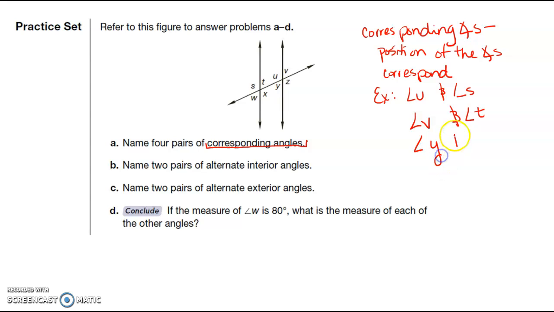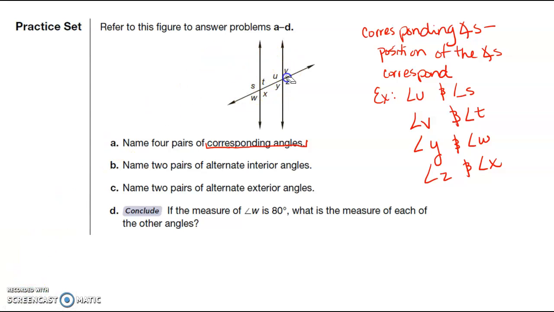Angle Y and angle W and angle Z and angle X. So hopefully you can kind of see. So this is going to correspond to this because it has the same position. Yeah. That really doesn't make a whole lot of sense. It makes more sense the more that you do, I'll tell you that much.